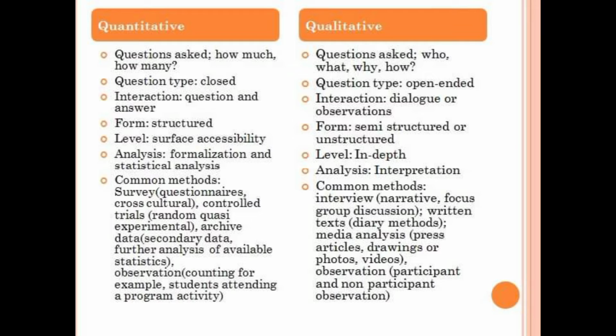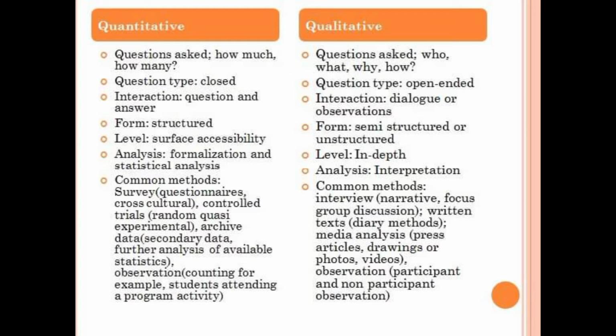Moving on in the common methods, what we have here in quantitative research are survey, like questionnaires, and cross-cultural. If you don't know what cross-cultural is, it simply means a scientific method of comparative research which focuses on systematic comparison. Controlled trials, like random quasi-experimental.